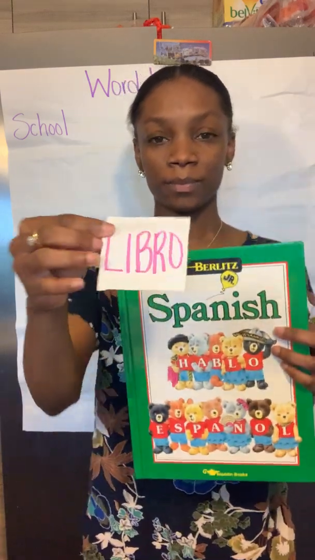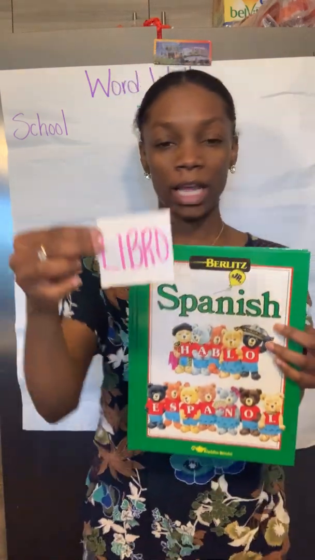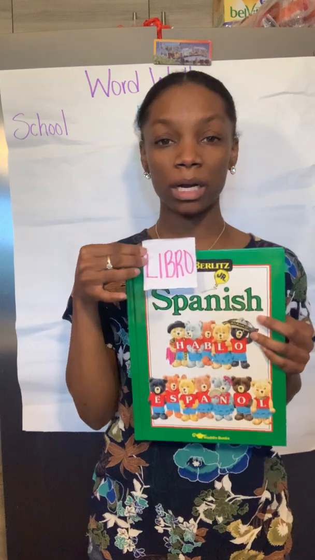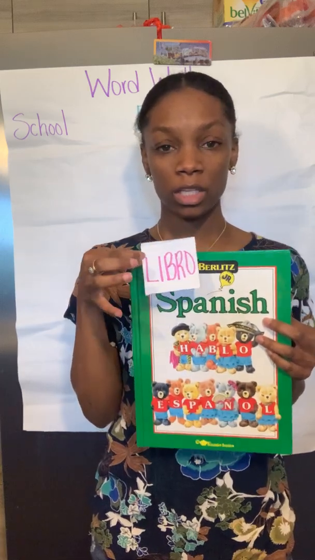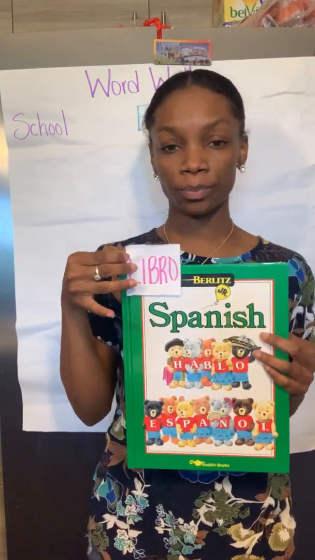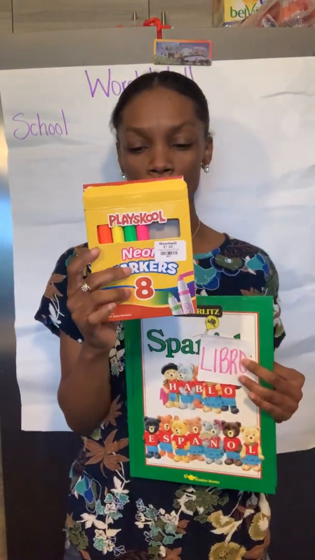So our first label that we have here that we've seen is libro. Libro means book in Spanish. So this is el libro. Also, we have markers.